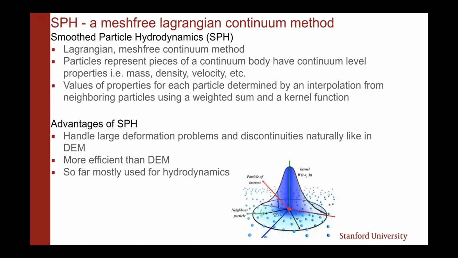So far, it's mostly been used for hydrodynamics. By hydrodynamics, I mean, for example, waves or water. In a lot of video games and movies, they use smooth particle hydrodynamics to simulate water. More recently, it's been applied to some geotechnical applications as well, and we've used some of these studies as the basis for our work and for our implementation.